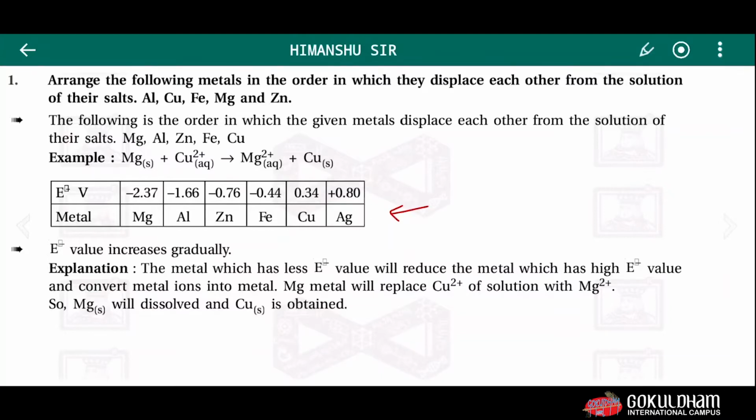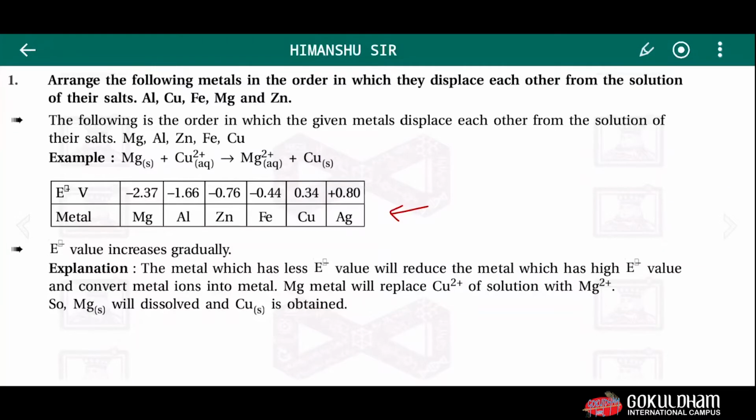So Mg has a very low value compared to any other metal, so magnesium will undergo the oxidation process and silver will undergo the reduction process. You can choose any two of the metals.